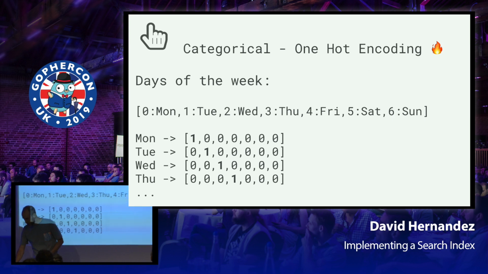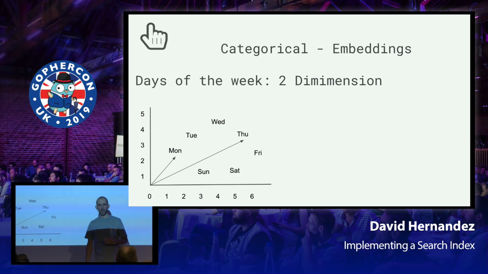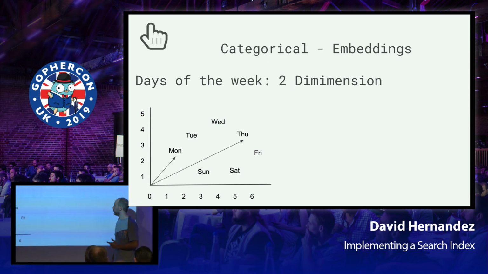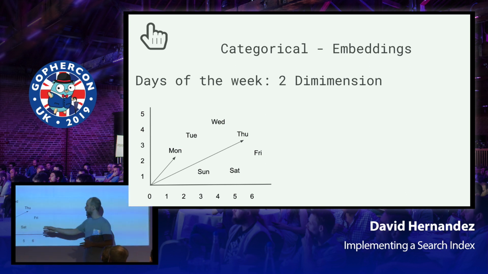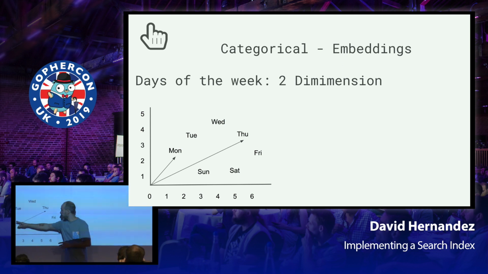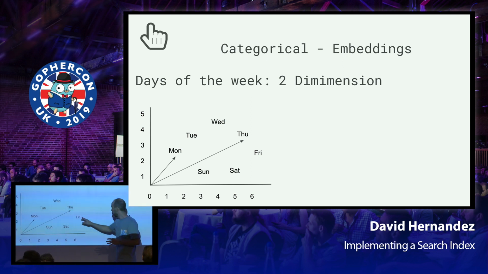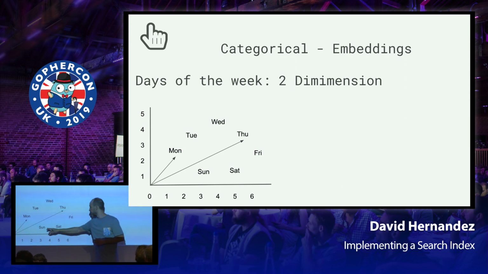So what if instead of representing the days of the week in one-hot encoding, we do it with a 2-dimensional vector? Instead of a flat structure, we can plot the days of the week in 2 dimensions. With that, we can put Monday, Tuesday, Wednesday together, Thursday and Friday around here, and Saturday and Sunday around there.